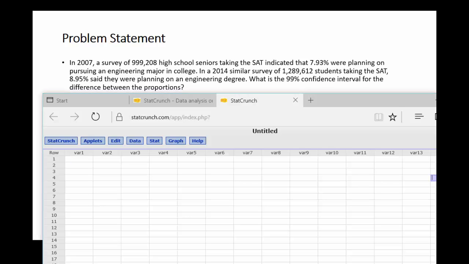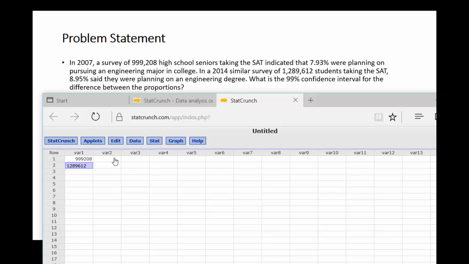I'm going to bring up StatCrunch, and I want to enter the data from the problem statement into the spreadsheet. Let's put the total number of observations for the first survey, 999,208, under the VAR1 column, and the number of observations for the second survey, 1,289,612.